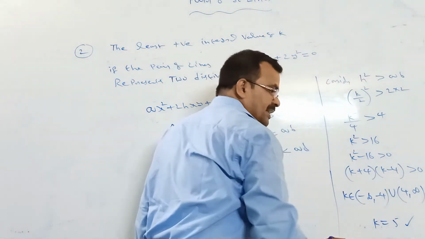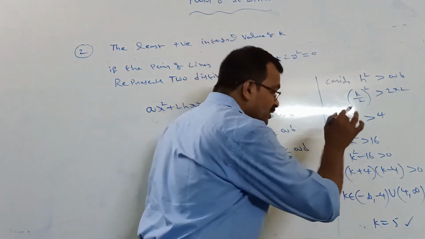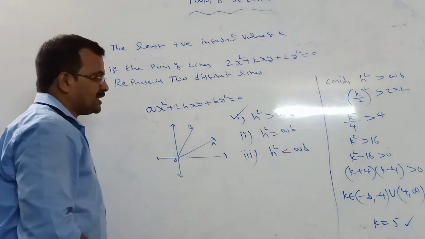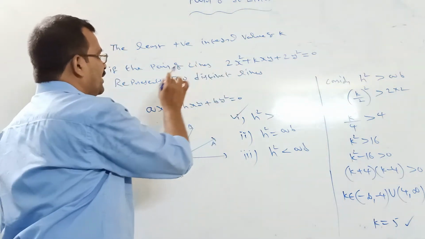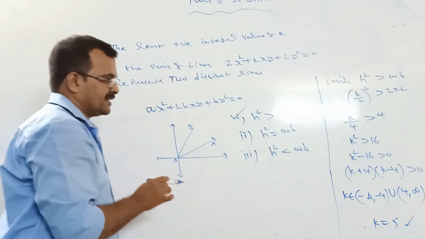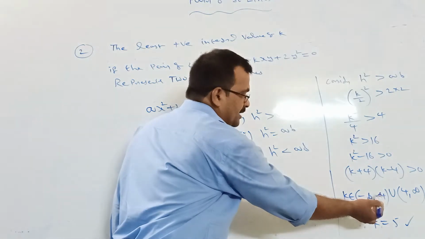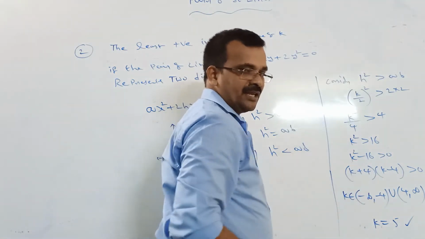The integer after 4 is 5. This is the least positive integer. Suppose the question asks for the greatest negative integer value of k if the lines represent two distinct lines. The greatest negative integer is obviously the integer before minus 4, that is k equal to minus 5.